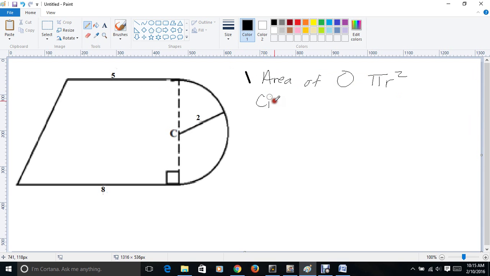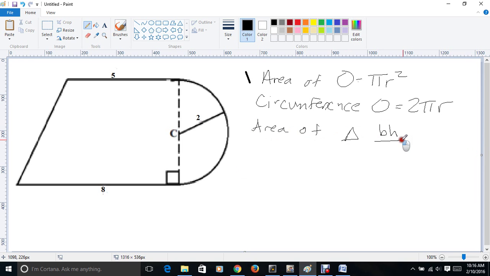The circumference of a circle is equal to 2 pi r, where r is the radius. The area of a rectangle, I'm sure you know, is length times width. The area of a triangle is base times height over 2. So we need to know those things so that we can figure this out.